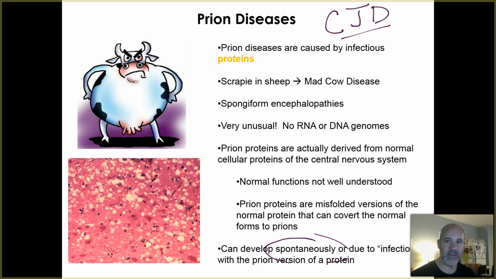And once that happens, those prion proteins, again, they're like zombies. They're going to go around and find other normal versions of the protein and convert those into the zombie prion versions. That's called CJD. You don't get that by eating some kind of food. You just get it because it spontaneously happens due to a genetic mutation in the brain. So you may encounter during your careers patients who have CJD.